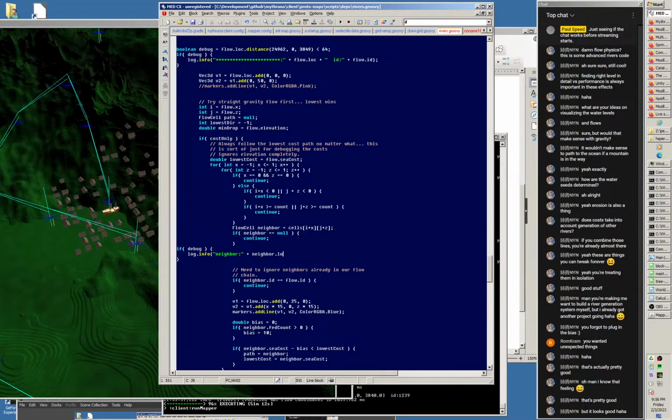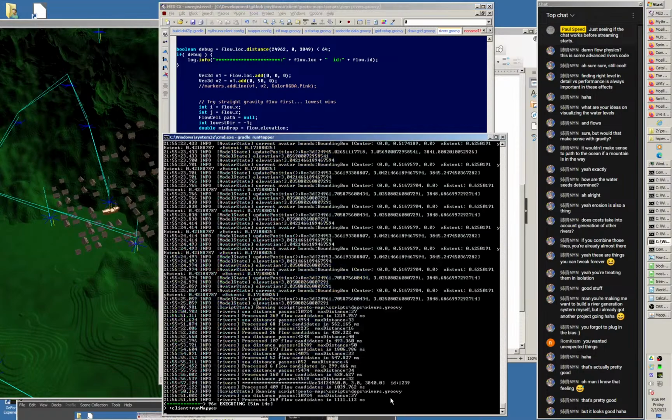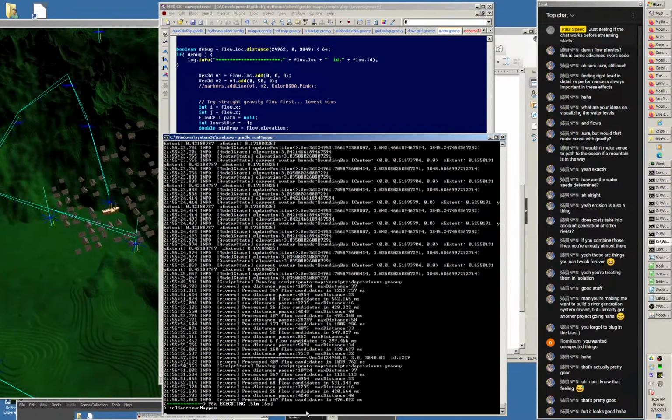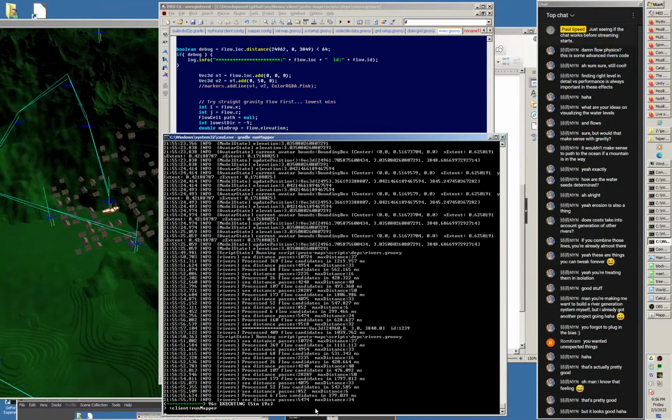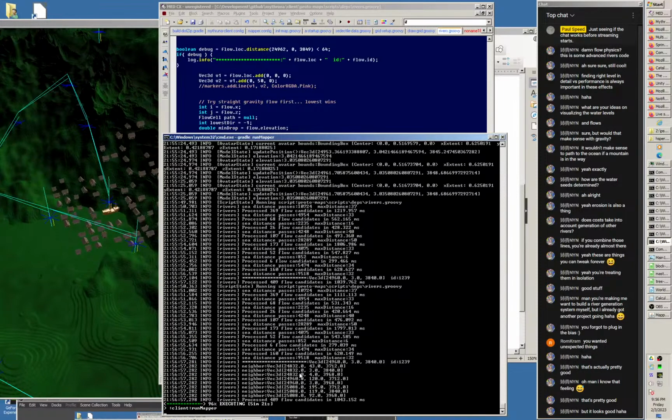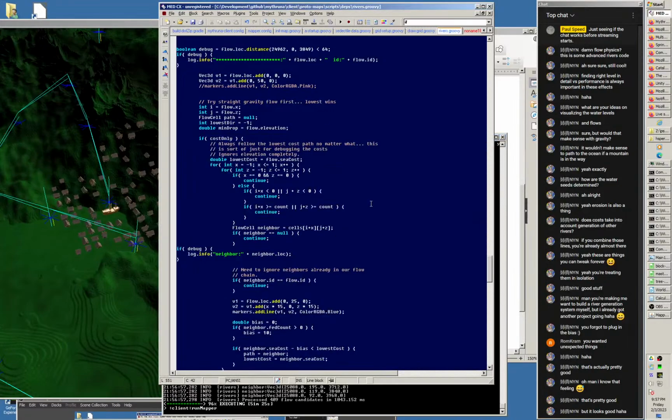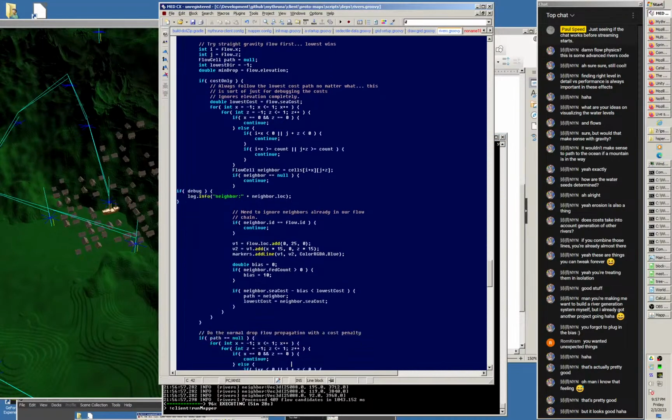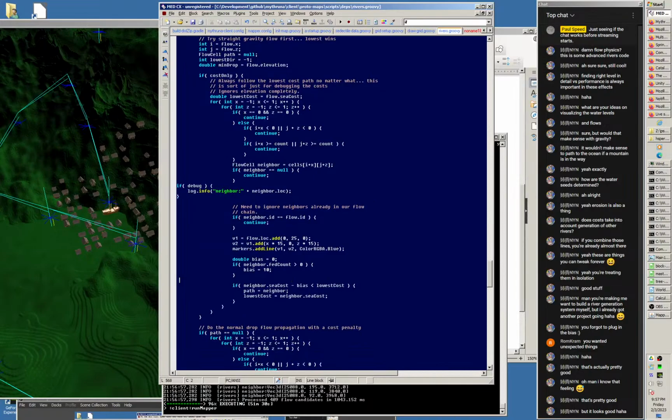So log the location of that neighbor cell, just to be sure that we get all 8 of them or so. So we get all the surrounding ones. Why did we pick the one we picked? That's the other thing we'll have to look at. So that's where we say info lowest neighbor.